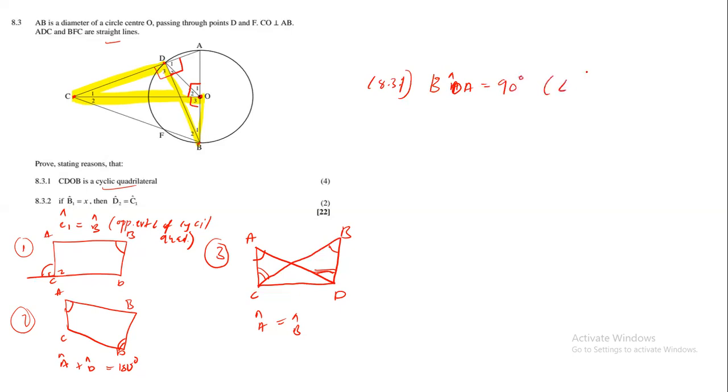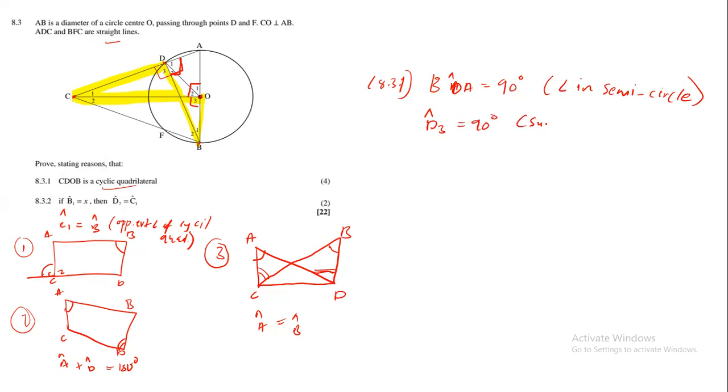Why? Angle, I love using this reason. Angle in semicircle or subtended by diameter is fine, but I love using this one. So that means angle BDA is equals to 90 degrees. Why? Because it's angle in semicircle. That's the first thing. And therefore, I'm going to say angle D3 is also equals to 90 degrees.